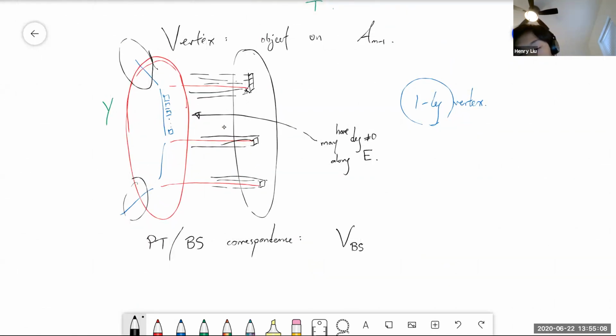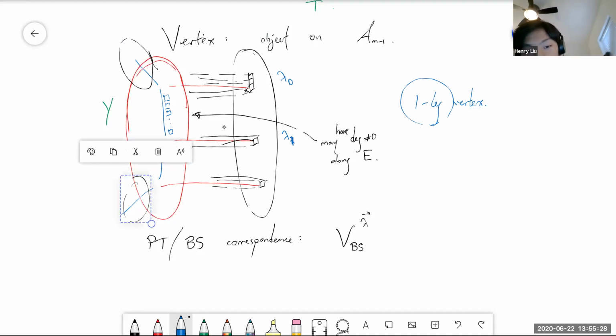So you can try to do some calculations, and this one-leg vertex will be indexed by an M-tuple of partitions. This M-tuple will specify the profile along the first leg, second leg, sorry, I should index starting from 0, that's my convention, up to the (M-1)th leg.